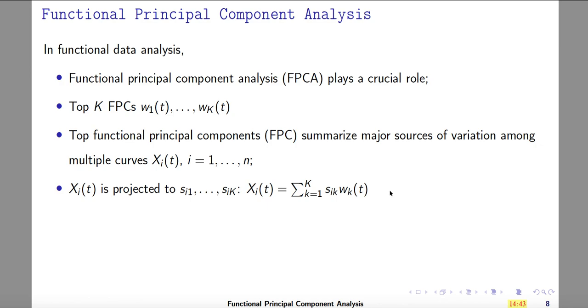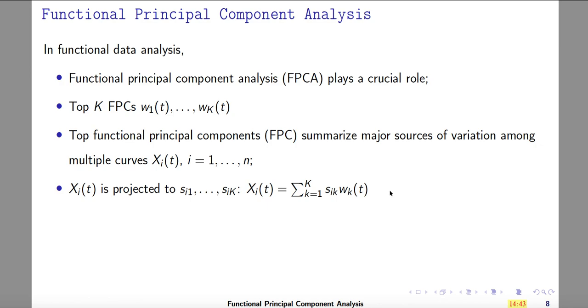The benefit of using this w_k(t) is that when we use B-splines or Fourier basis functions, they are general basis functions working for all curves. In order to work for all the curves, we generally have to put in many basis functions. So if we have 100 time points, maybe we can put 100 basis functions.